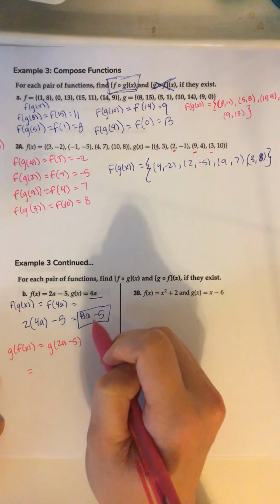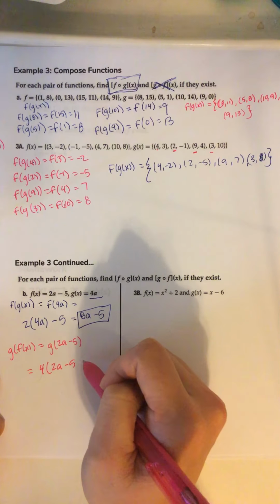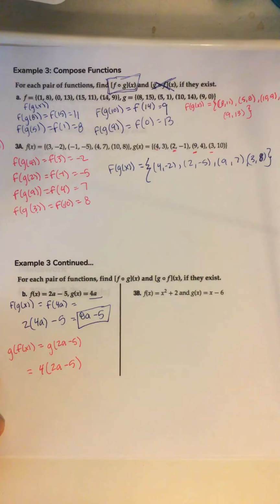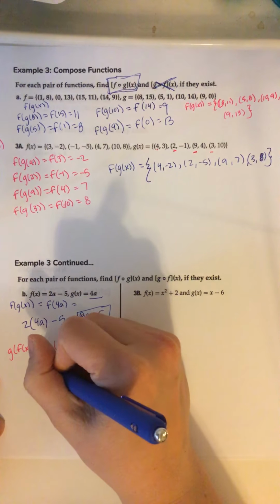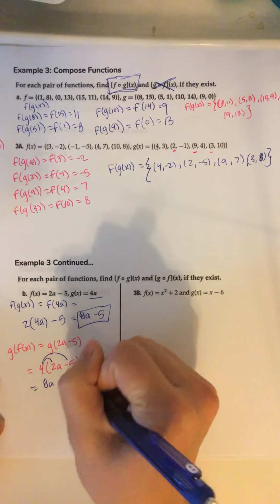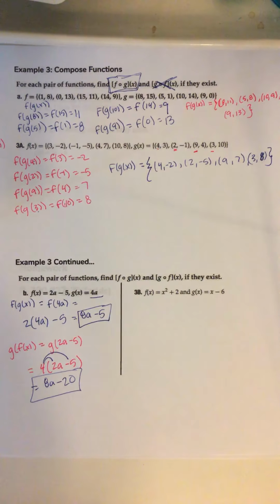So I know that this is just going to be 4 times 2a minus 5. Okay, distribute there. 4 times 2 is 8a. 4 times negative 5 is minus 20. And we just found our f of g of x and our g of f of x.